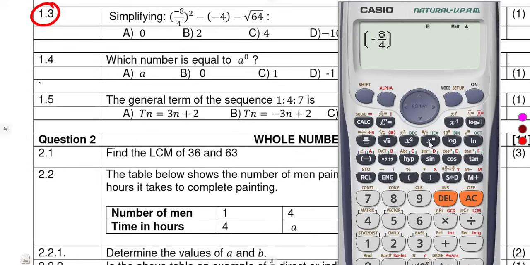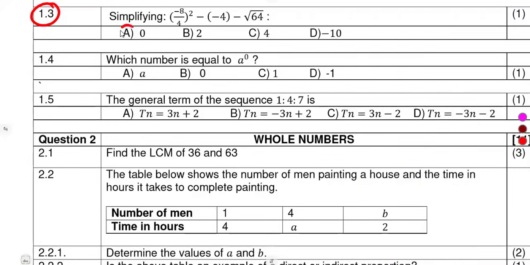Minus, open a bracket, minus 4 as it is, the way that you see there. Minus the square root of 64. This is part of your calculations, guys. You're going to obtain what? A 0 there. That was the best answer which we have.